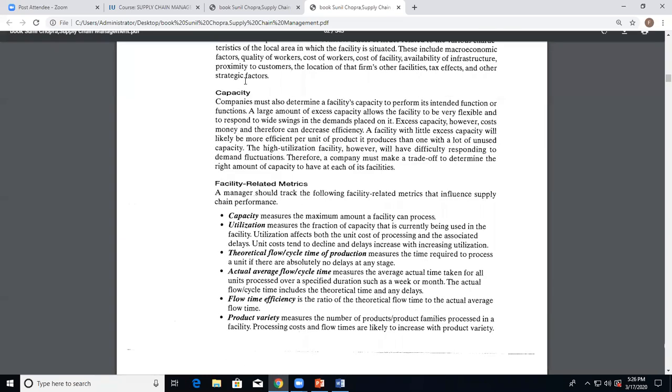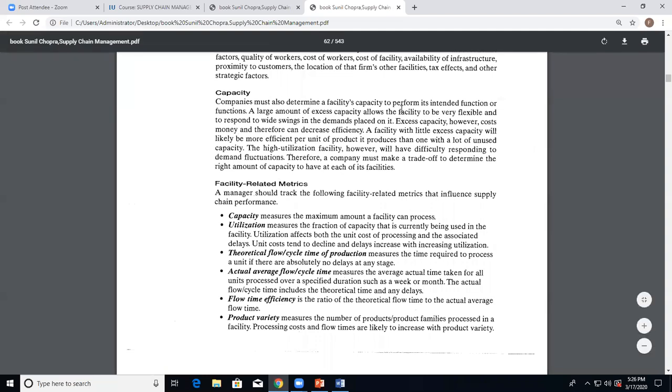करते हैं, companies must also determine a facility's capacity to perform its intended function or functions.